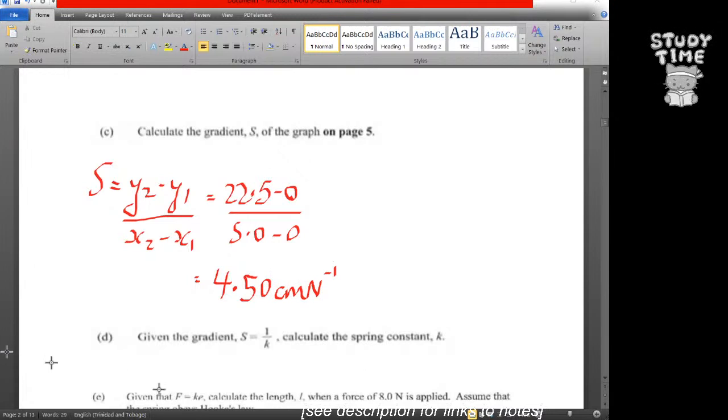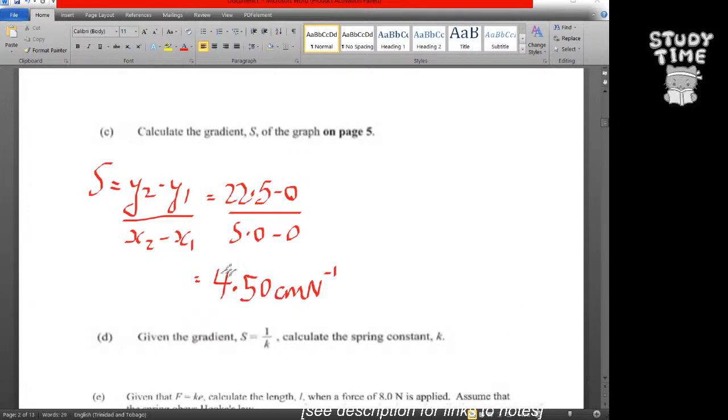This is just maths, there's no physics. What it's going to give you is Newton per centimeter, which is your typical unit. So if S is equal to 1 over K, that means K is 1 over S. So all you have to do is say 1 over whatever you get.